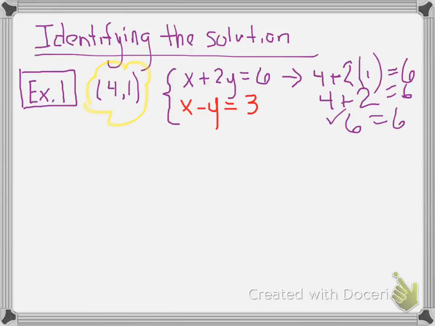But if it's a solution to the system, then it should work for both. So I'm going to try the red one. I'm going to put a 4 in for the x and a 1 in for the y and see if it really does make 3. And it does.